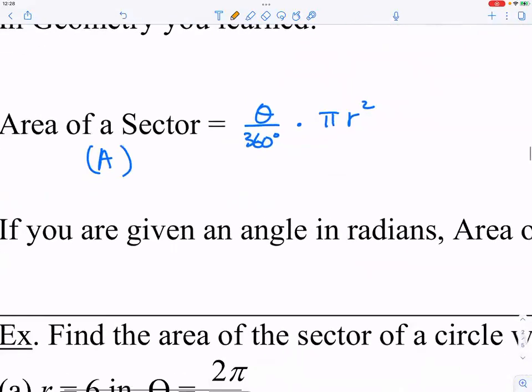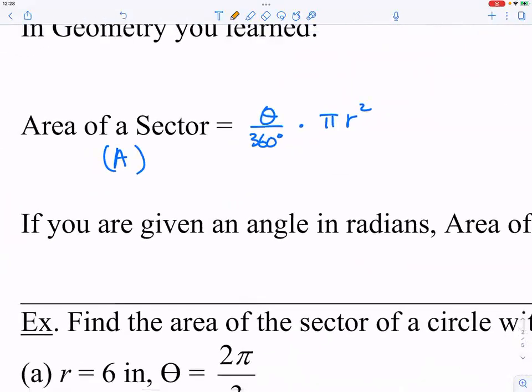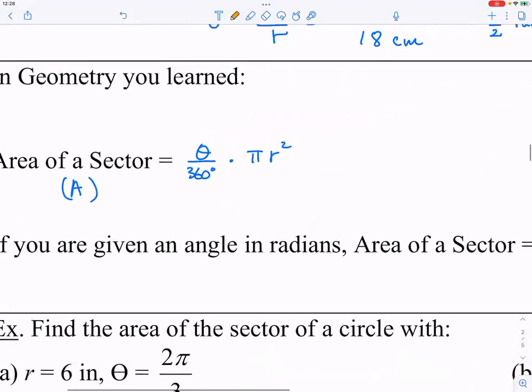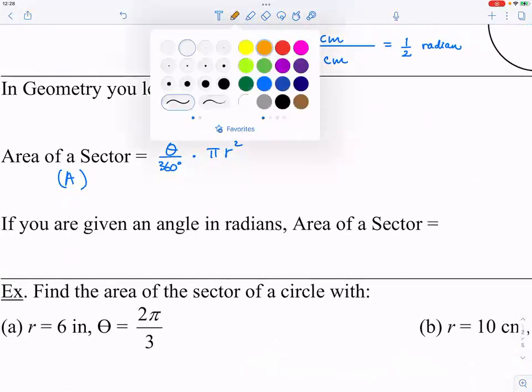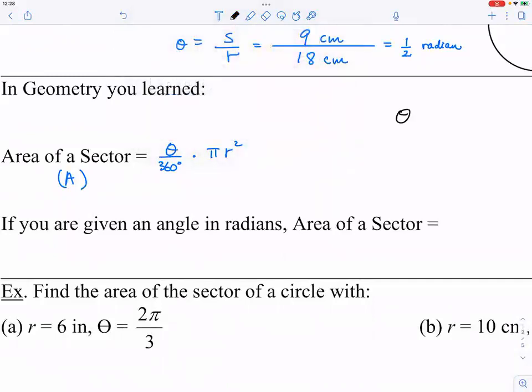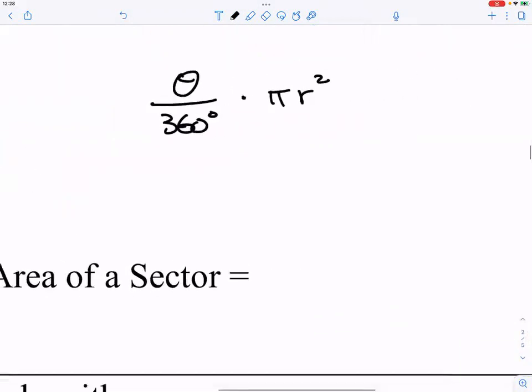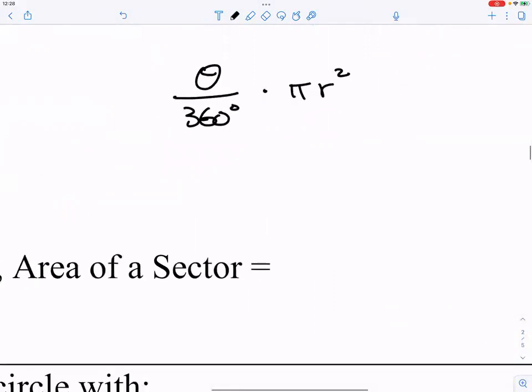All right, now we did this earlier, but now how can we express the equation if theta is in radians? Now here's what I want you to write down, and I want you to see something. What's 360 degrees in radians? It is 2 pi, right?